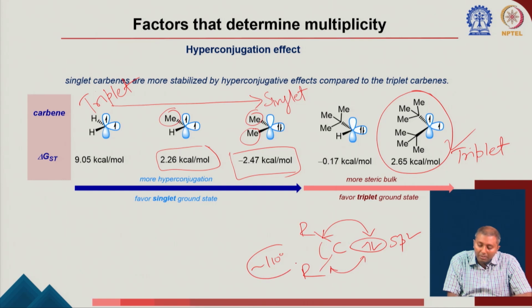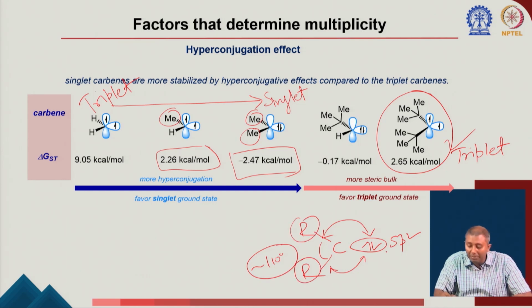Now once you have a bulky group here, the steric effect will be even more once you put an orbital group here. So it cannot achieve the geometry for a singlet. That's why it is going to stay as a triplet. In the case of triplet, because of the less repulsion, the angle can be up to 130 to 140 degree.